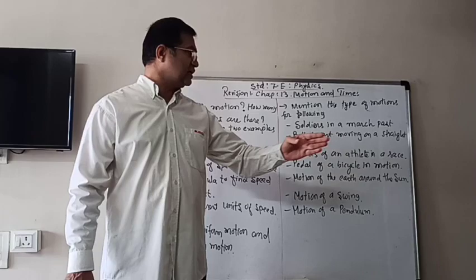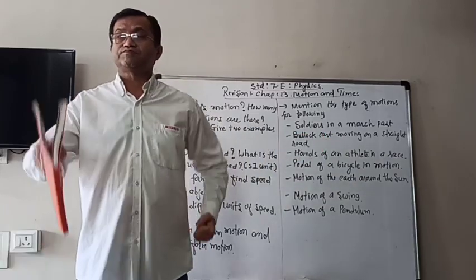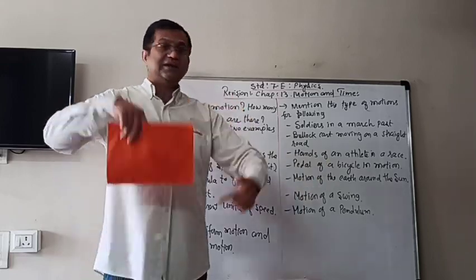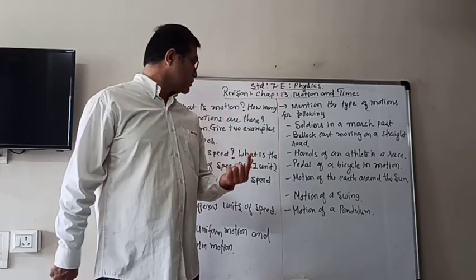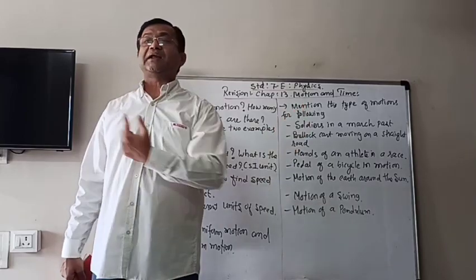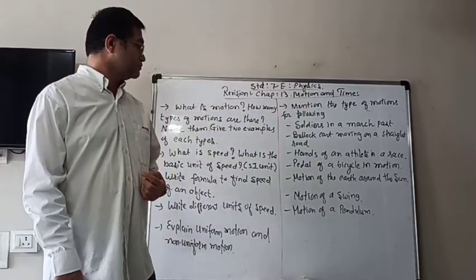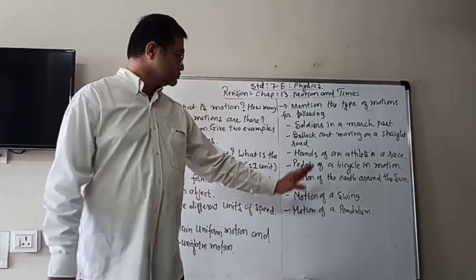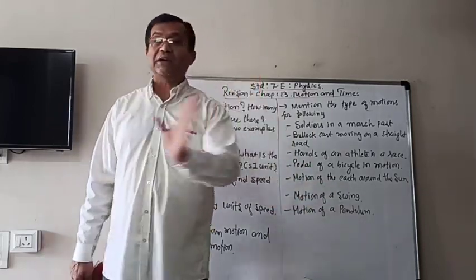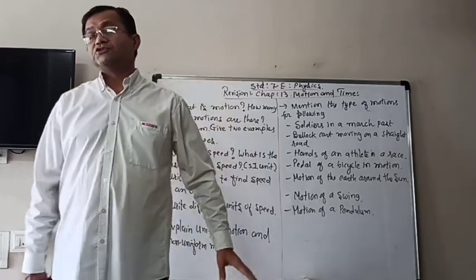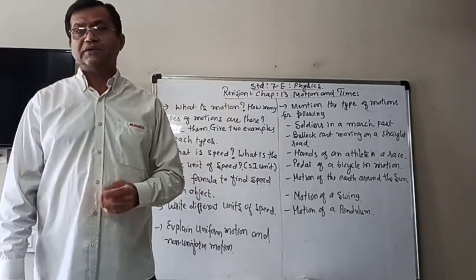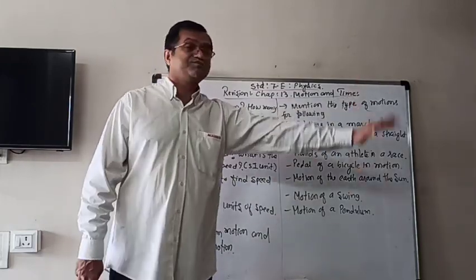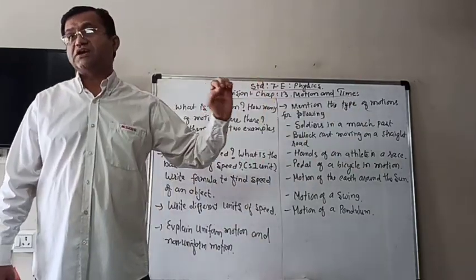Hands of an athlete in a race. Then the pedal of a bicycle in motion. Motion of the earth around the sun. Motion of a swing. Motion of a pendulum in a clock. So you have to think about them and write down the type of motion against each example.